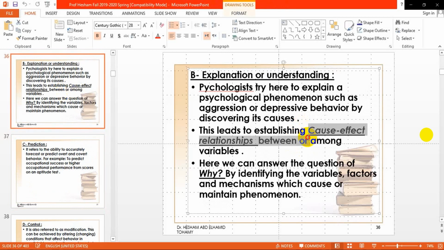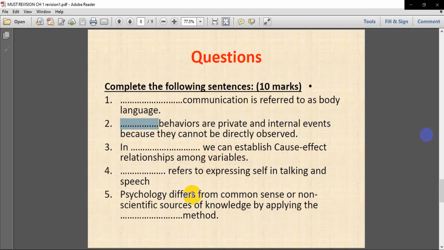Next: refers to expressing self in talking and speech. As we said before, verbal reports or verbal communication means expressing yourself in talking and speech. So the answer is verbal communication, or we can also say verbal reports.